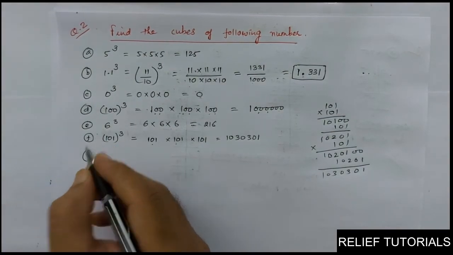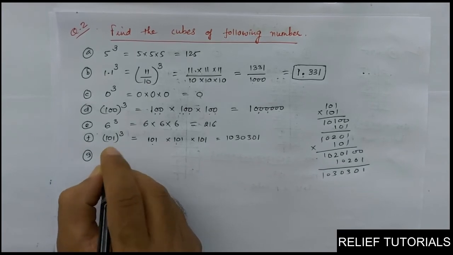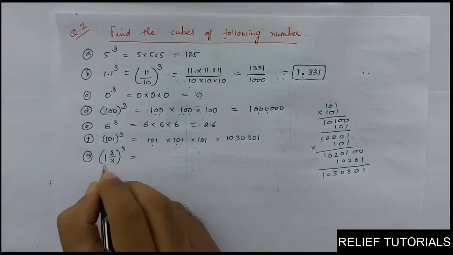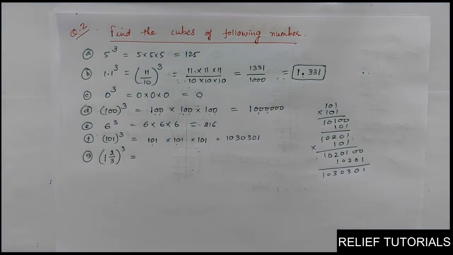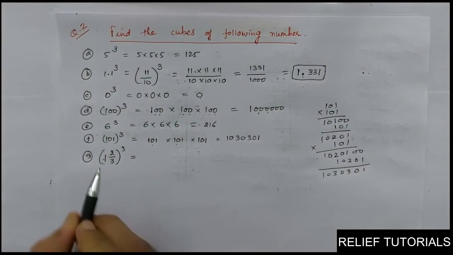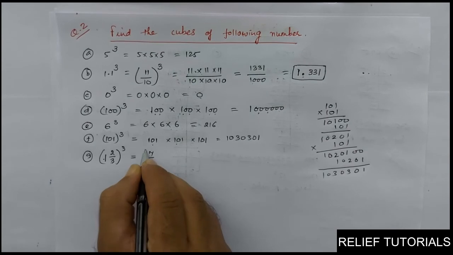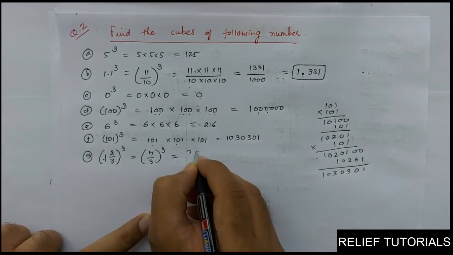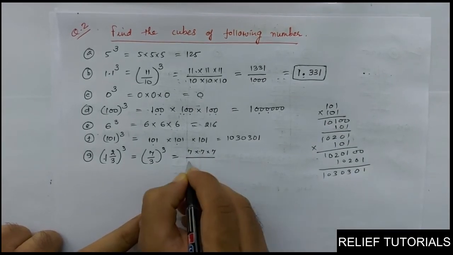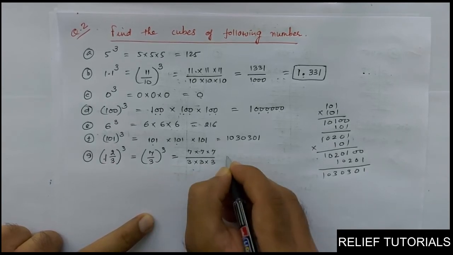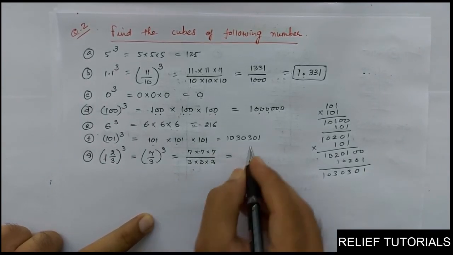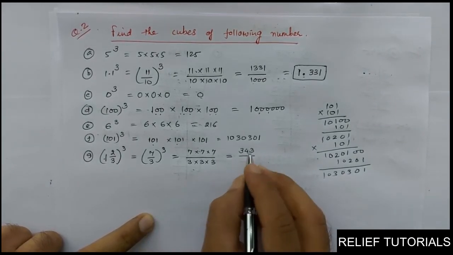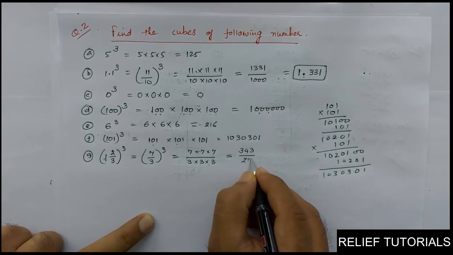G. It is 1 integer 2 by 3 cube we have to find. It's a mixed fraction. Convert it into a simple one. 3 ones are 3, 3 plus 2 is 5. So it's 5 by 3 cube. So 5 by 3 cube means 5 into 5 into 5 upon 3 into 3 into 3. 5 cube is 125 and 3 3s are 9, 3 9s are 27.